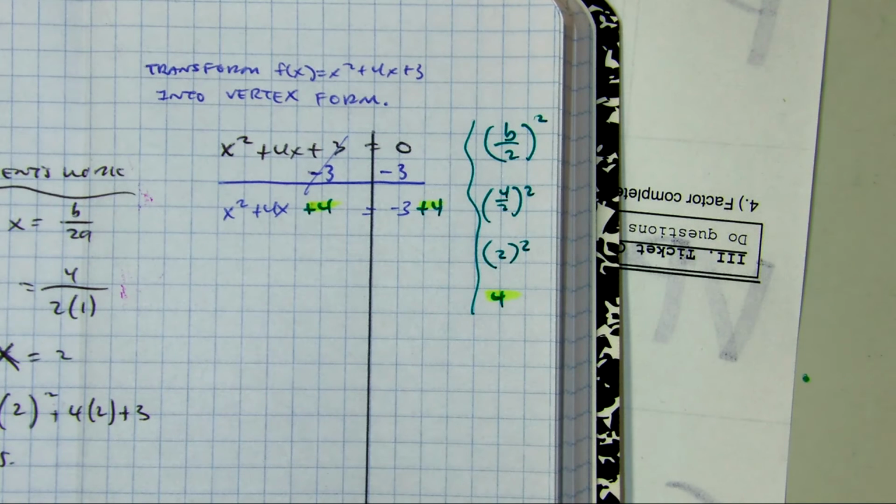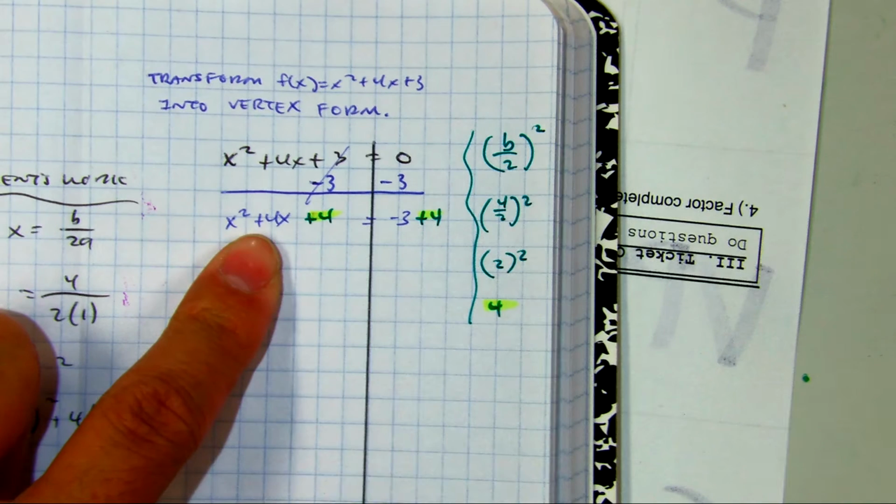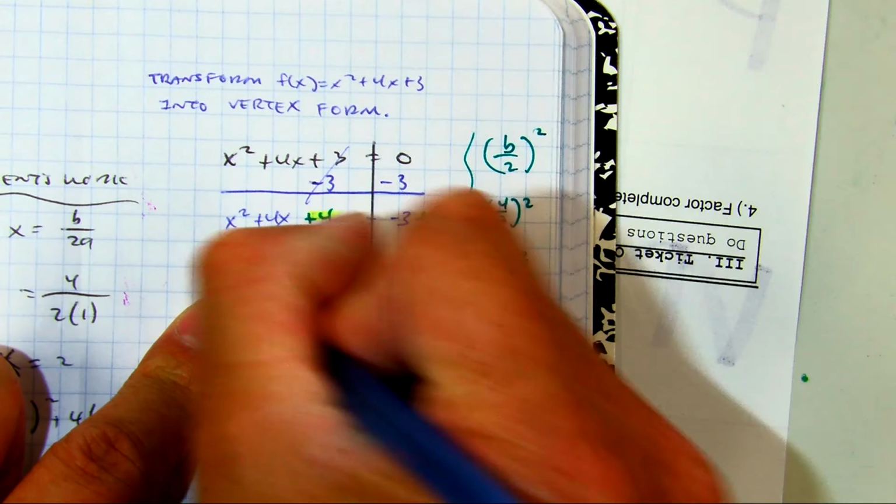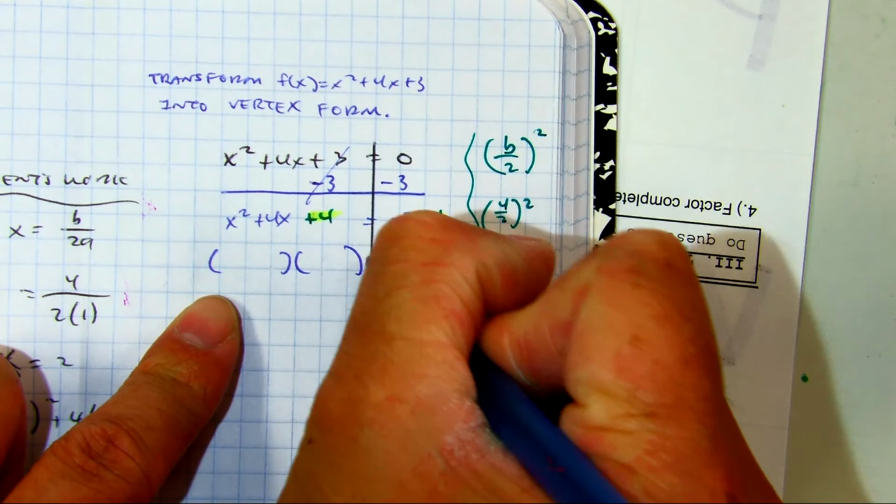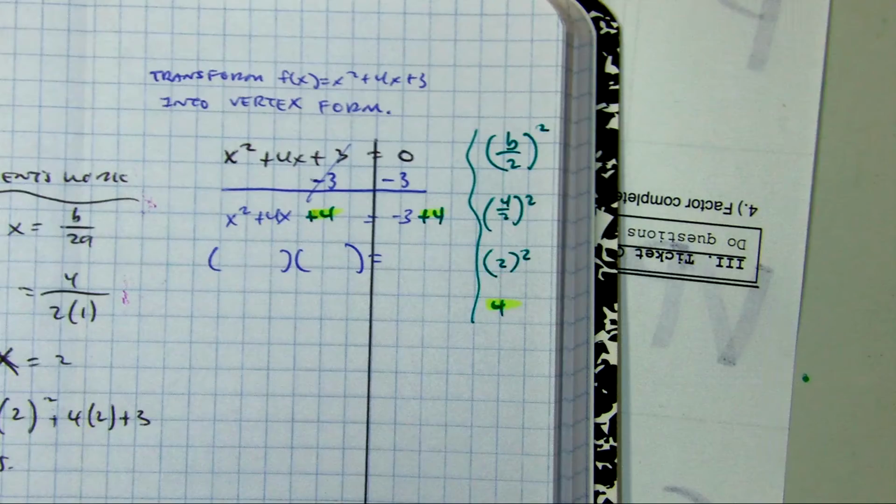Ronaldo, go ahead and read the next step. Put your finger where the sides are X's. We just basically need to factor it. Take 20 seconds with your partner. Go ahead and factor that.